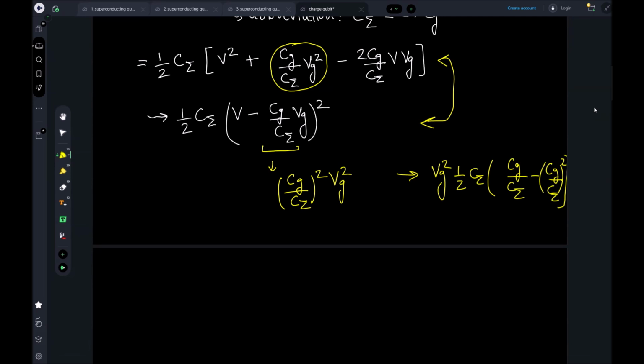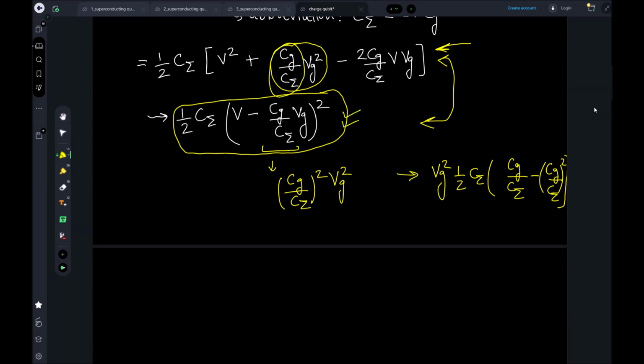And if you are wondering why I am introducing this second expression here, it will become clear very soon. Instead of using the expression for the total energy of both capacitors, which seems a little inconvenient, because it would be better if this term had a square as well, I'm going to use this term instead.